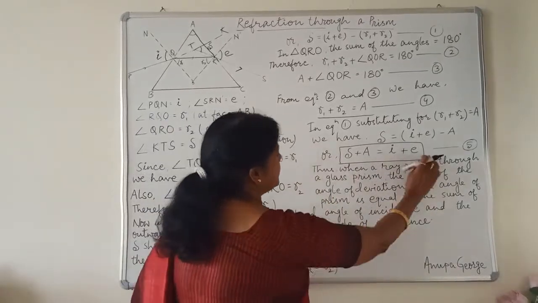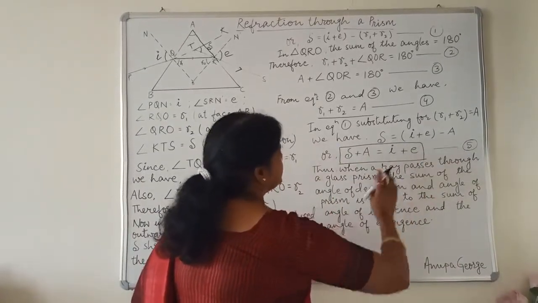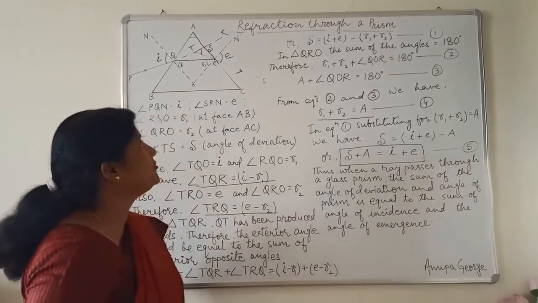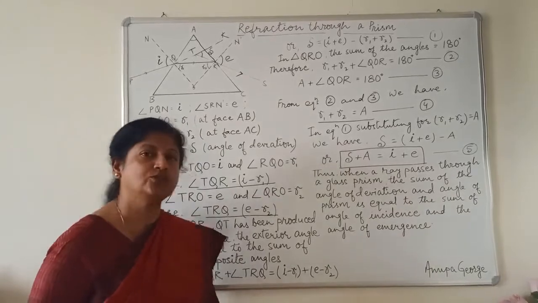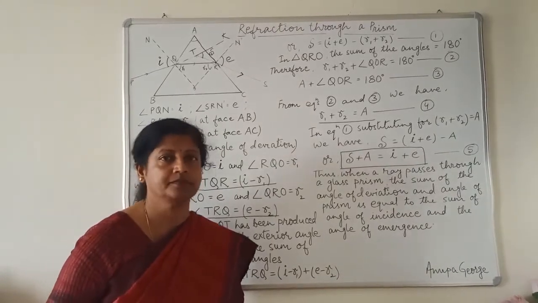Now this equation 5 shows refraction of light through a glass prism.